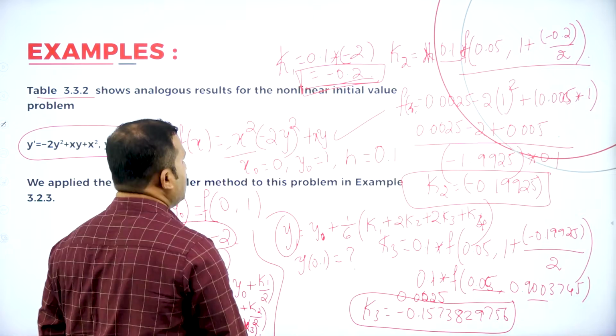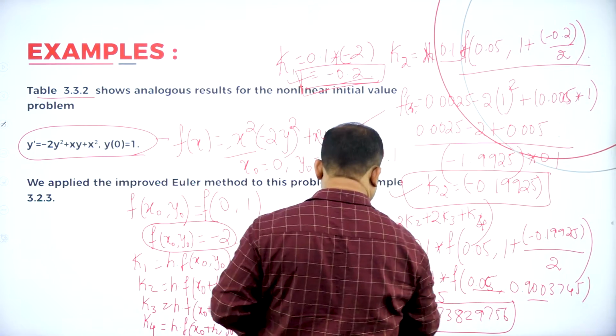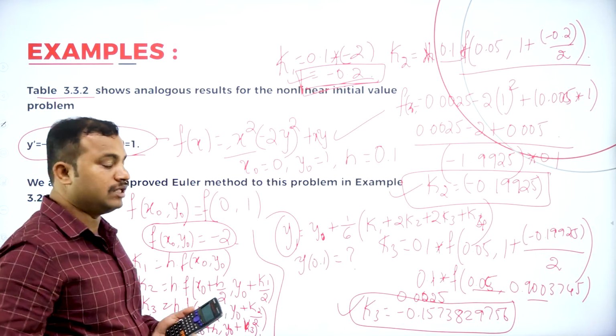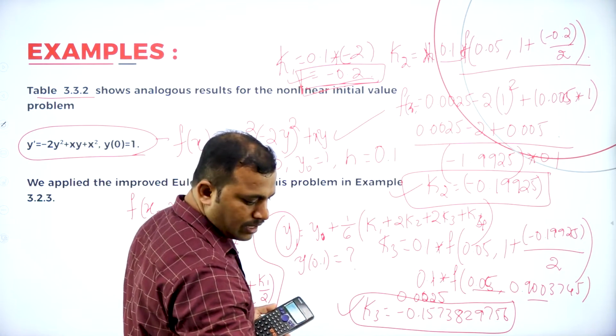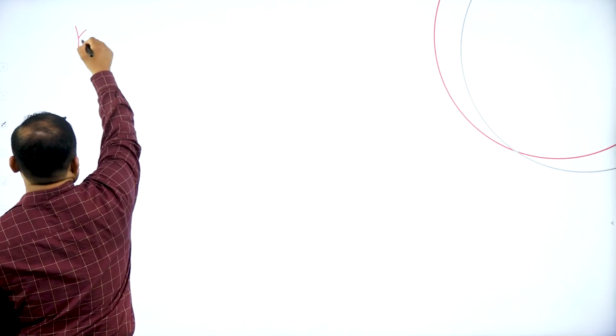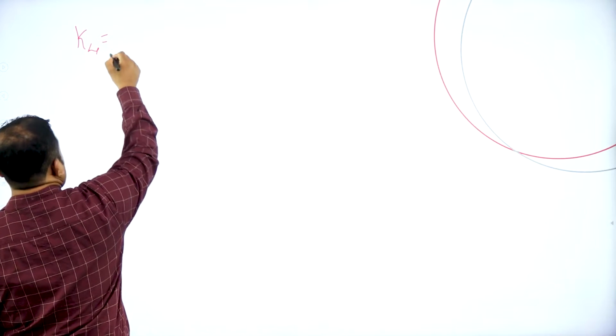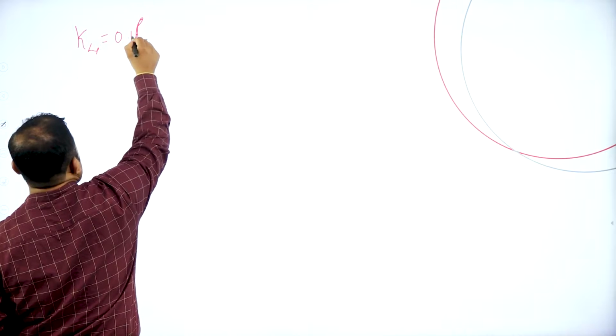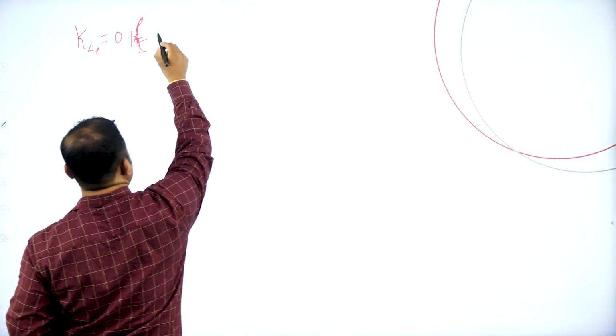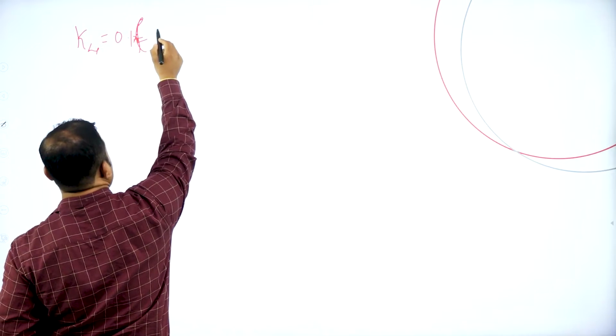Now we have found the values of K1, K2, K3. What is the value of K4 then? The value of K4 is equal to, let me use it in the next slide. K4 is equal to h, 0.1 into f of x0 plus h. What is the value of x0?